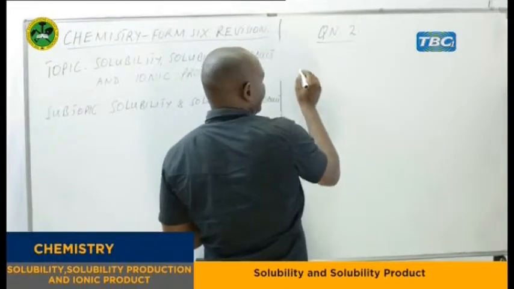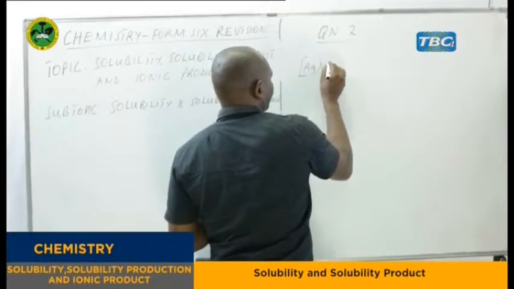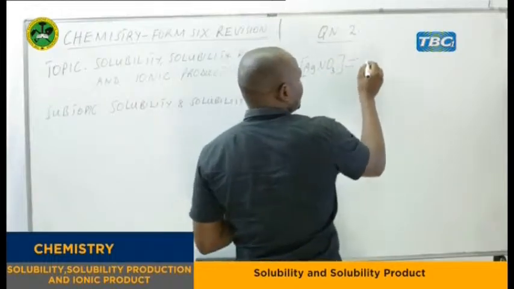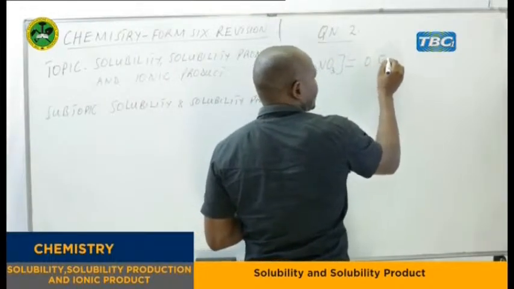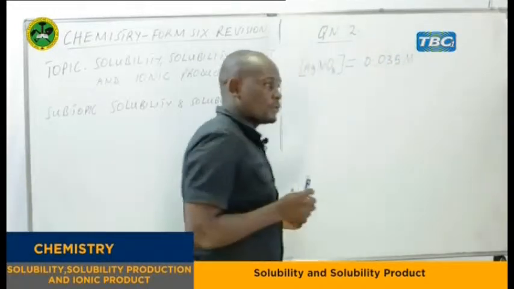Data given: we have the concentration of silver nitrate, which is 0.035 moles per decimeter cubed.